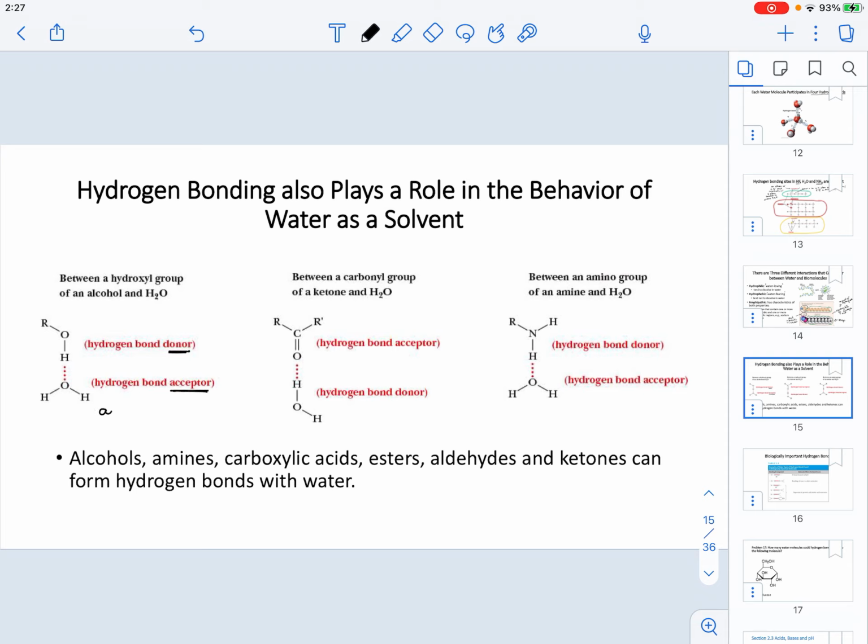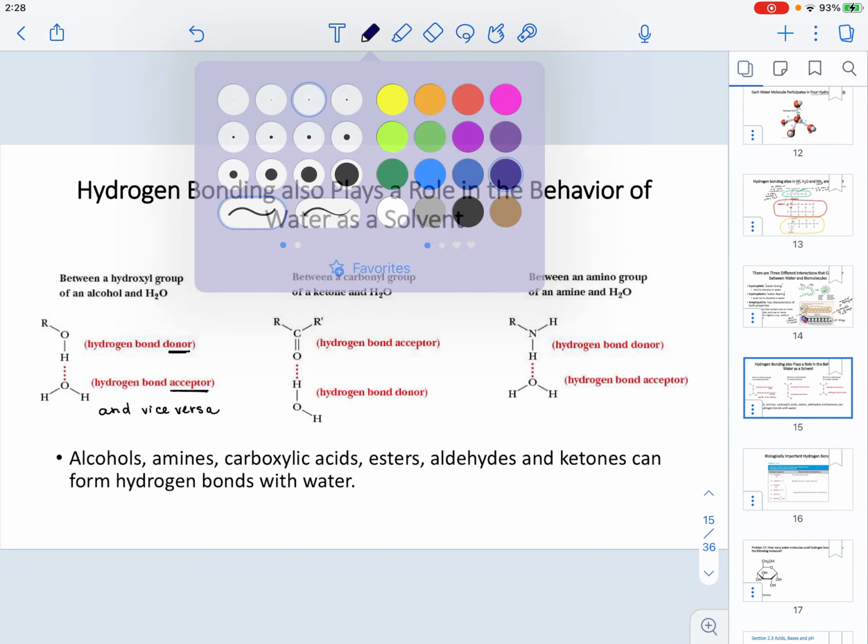But I'm just going to write and vice versa, because you can also observe when you have an alcohol that the opposite is true, that this oxygen atom, let me do it in a different color.